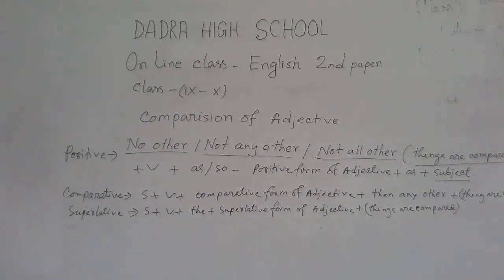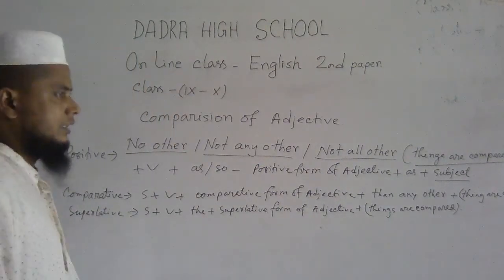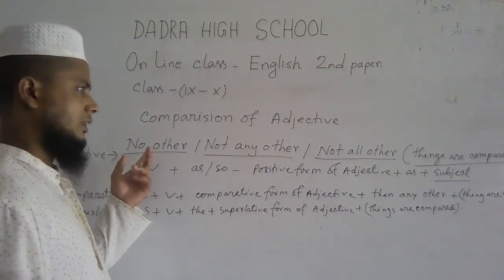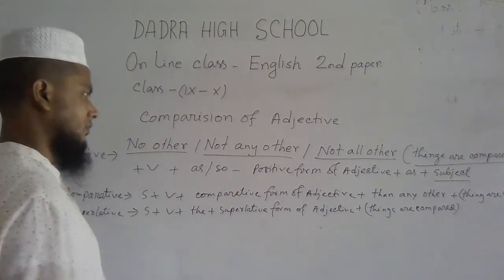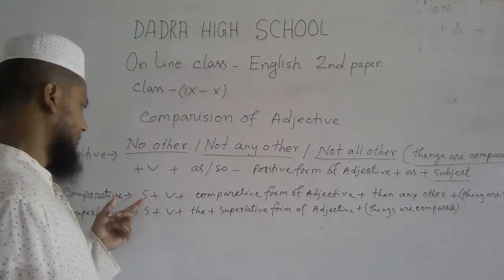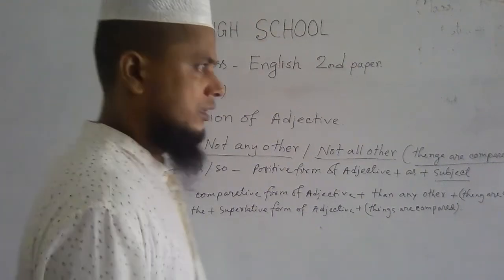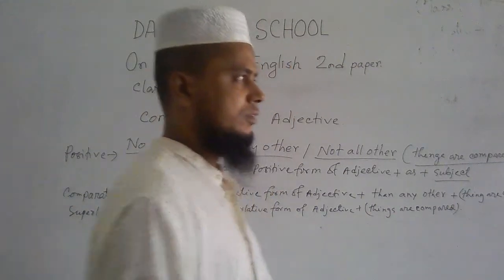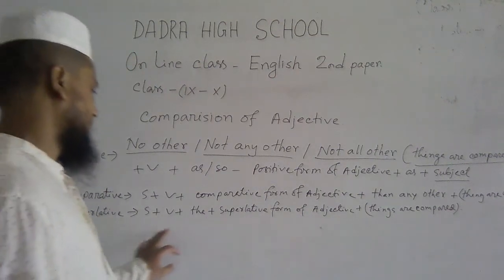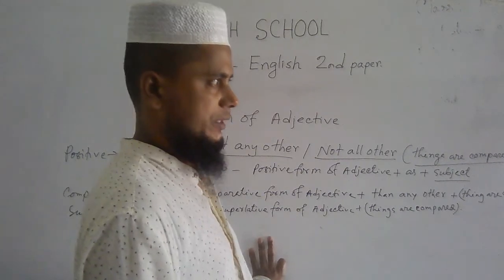You may use of all for this. Okay. This is the structure that you can follow. If the sentence starts with no other, not any other, or not all other, to make it comparative, you may start: subject, verb, comparative form of adjective, then any other, then the things which we compare. And superlative: subject, verb, be, superlative form of adjective, and things that we compare.